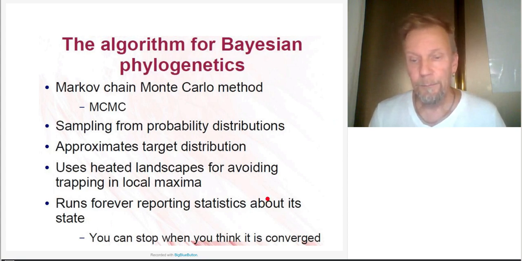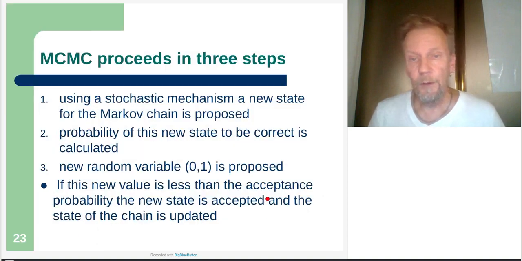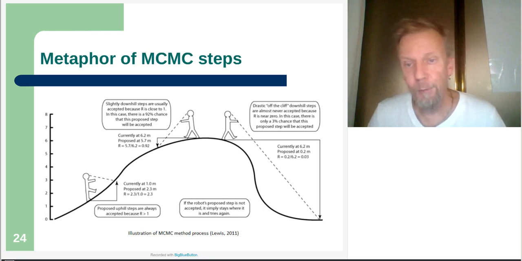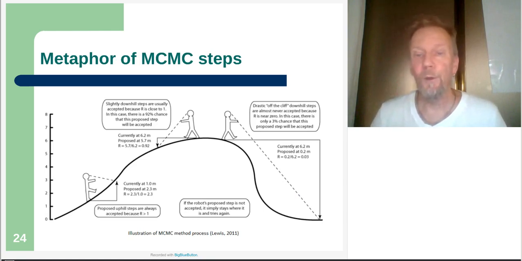And let's see, I probably skipped the heated chain idea. And I probably need to skip even the stochastic mechanism, but let's think about the simulation in a metaphorical way.